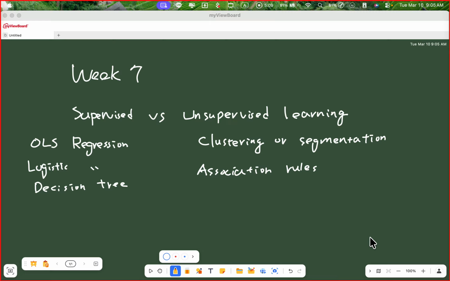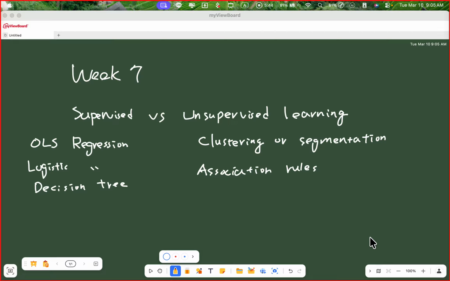People call it ordinary. Ordinary least square. OLS. Do you know why people call it ordinary regression?